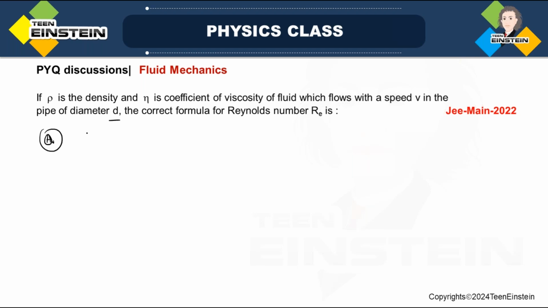Option A. What is option A saying? Option A is Re is equal to eta d by rho v. Okay.